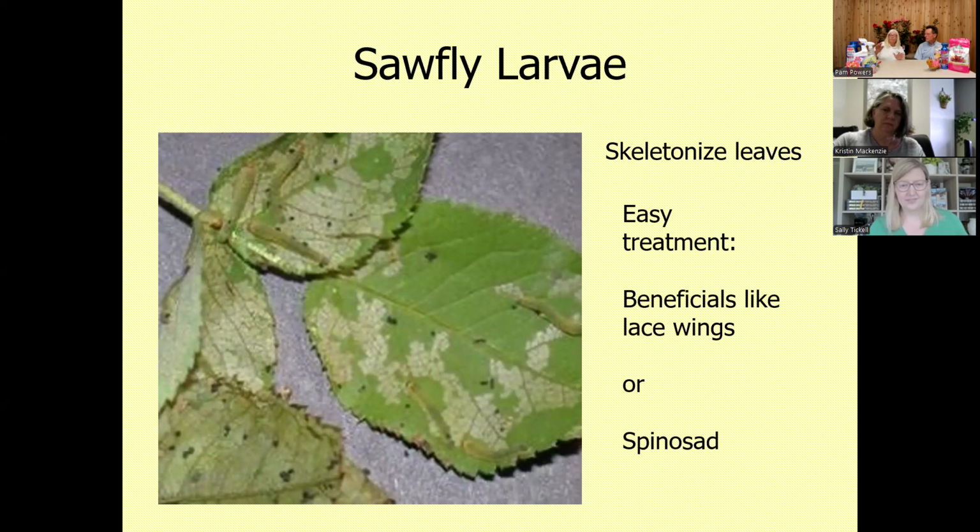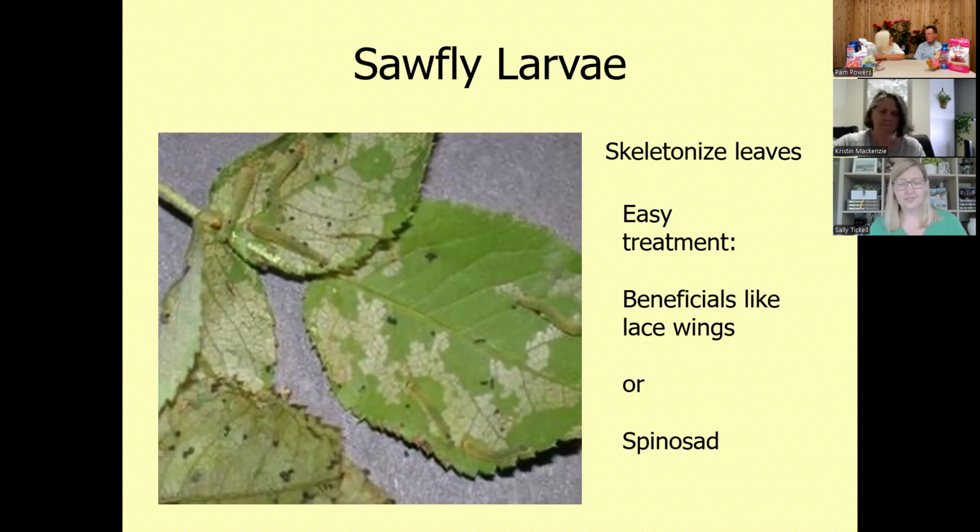You can also pull out a little spinosad, which I have here. It's an organic. It'll take care of those sawfly larvae. You can use it on the bush affected and the neighboring bushes, and you'll have good control. Don't let sawfly larvae be a pain.